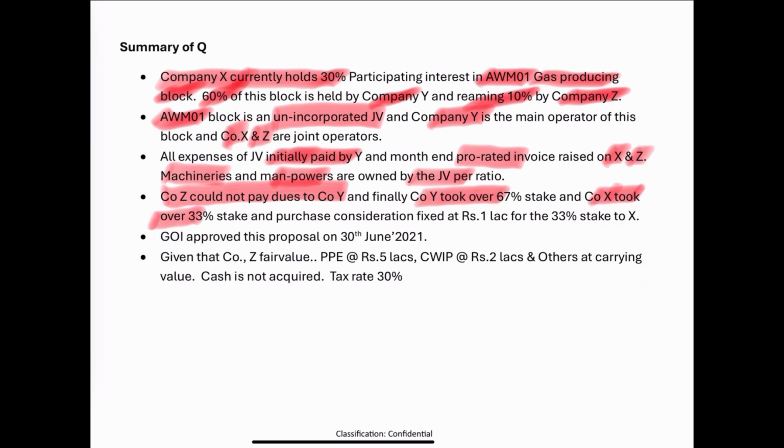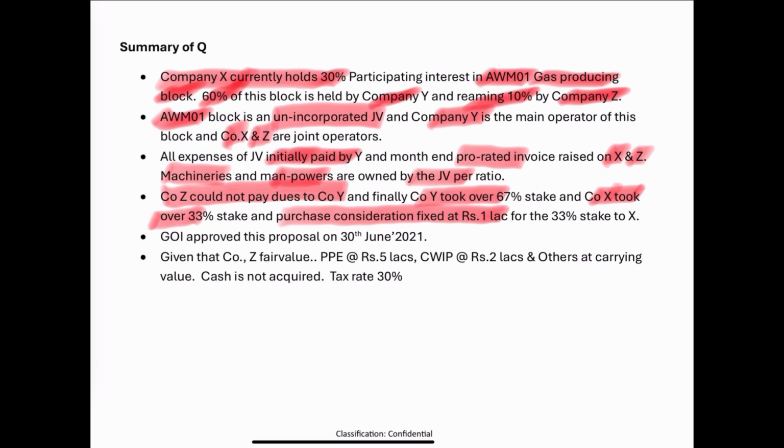But in this example they talk more about company X taking over company Z. For this 33% stake the purchase consideration is fixed at 1 lakh, which means company X will pay 1 lakh rupees to company Z to buy this 33% stake.